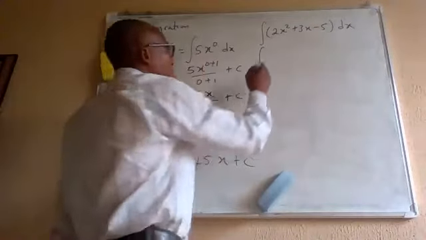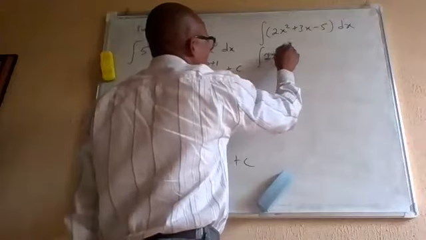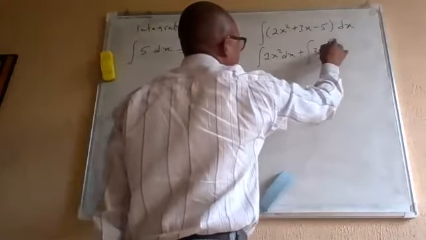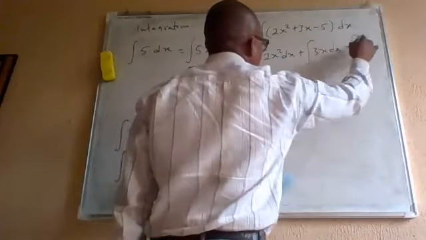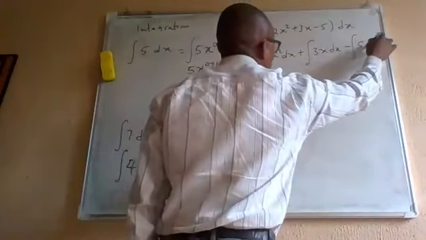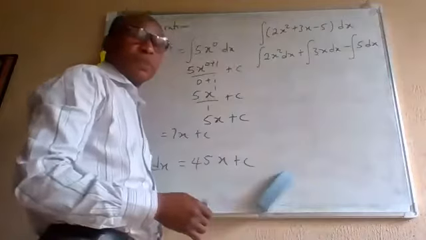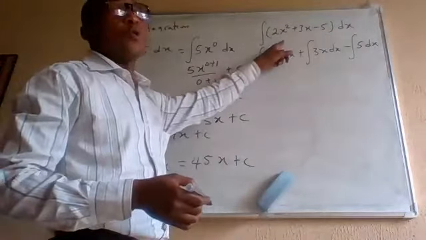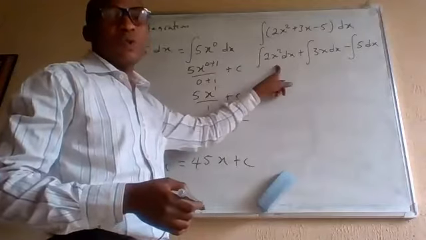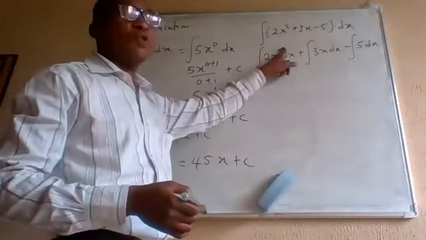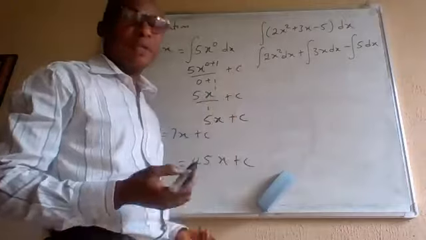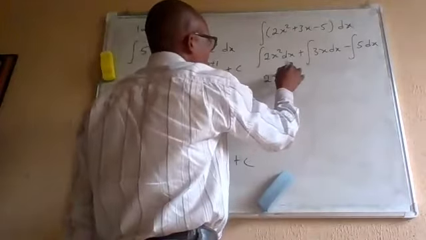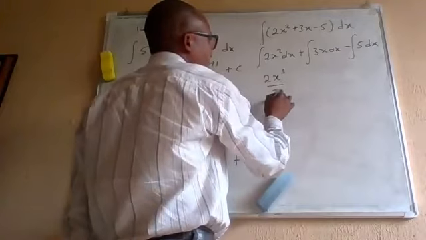So this can be the integral of 2s squared ds, plus the integral of 3s ds, minus the integral of 5 ds. We all know the idea now. This is 2s raised to power 2. We have to add 1 to that 2, then use it to divide. When you add 1 to 2, that will give you 3, then use 3 to divide. So if you integrate it, this will give you 2s raised to power 3, then you divide it by 3.